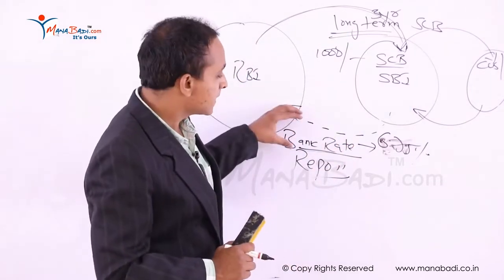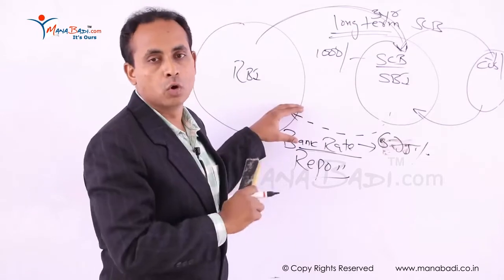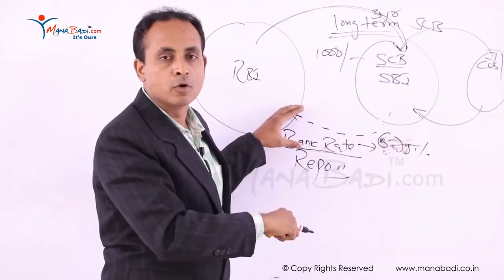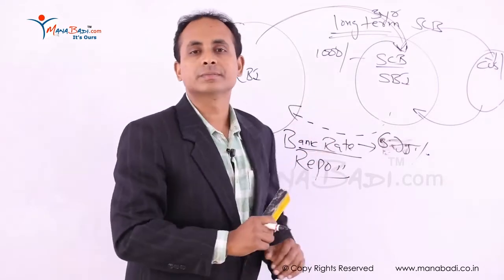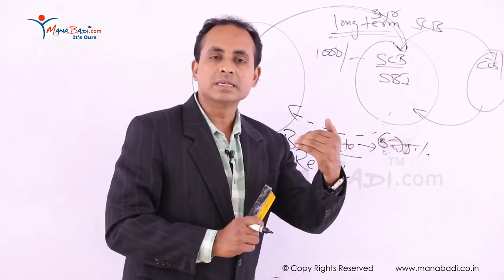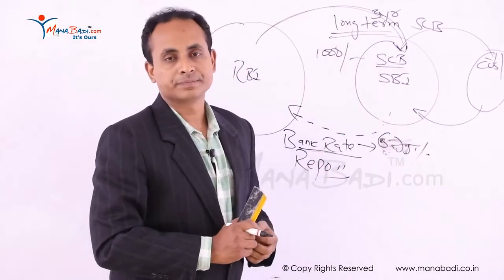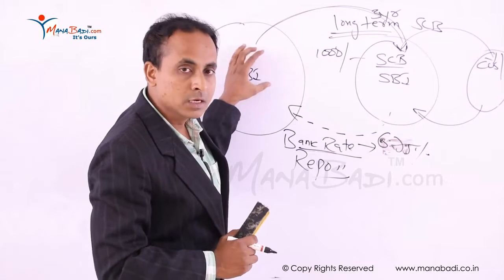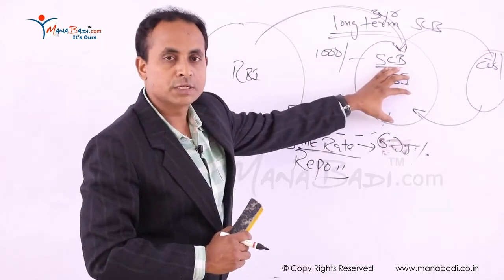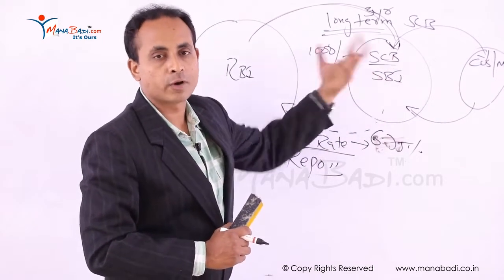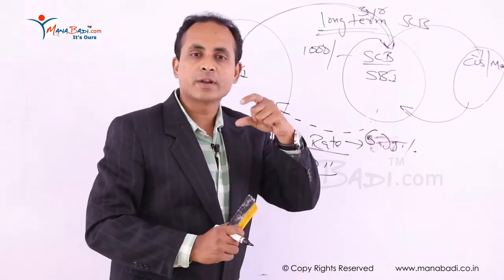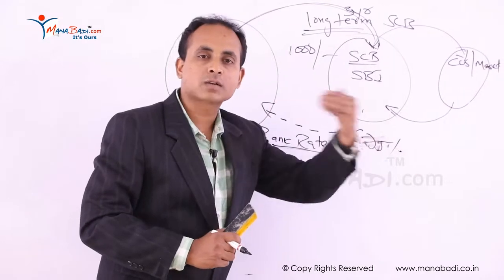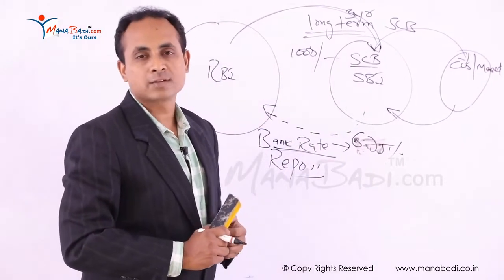Bank rate is a long-term loan from RBI to commercial banks, whereas repo is a short-term loan. Short-term means less than 3 years duration. So the rate at which RBI gives short-term loans to scheduled commercial banks is called the repo rate.